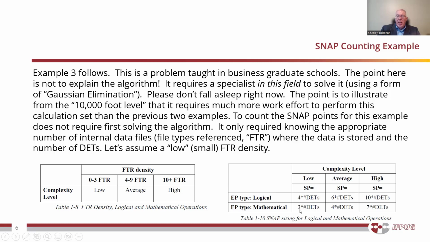And we're going to take T times the number of data element types. Now remember, in the last video, we talked about DETs. A data element type can be a piece of data, it can be a mathematical operator, it can be a piece of control information, something like that.